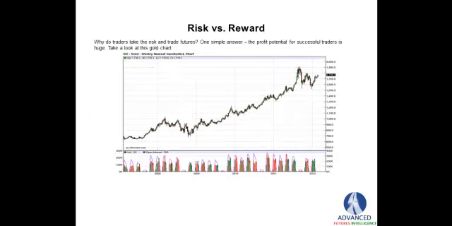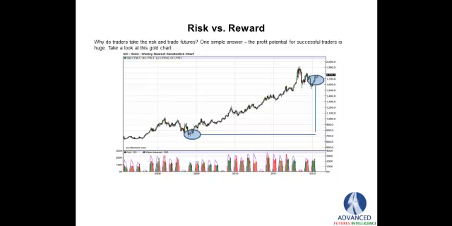So let's take a look at risk versus reward. And let's ask the big question. Why do traders take the risk and trade futures? The answer is very simple. The profit potential for successful traders is huge. Let's take a look at this 5-year gold chart one more time. You can see the move in gold started right about there. And we'll take a look at it to that point.